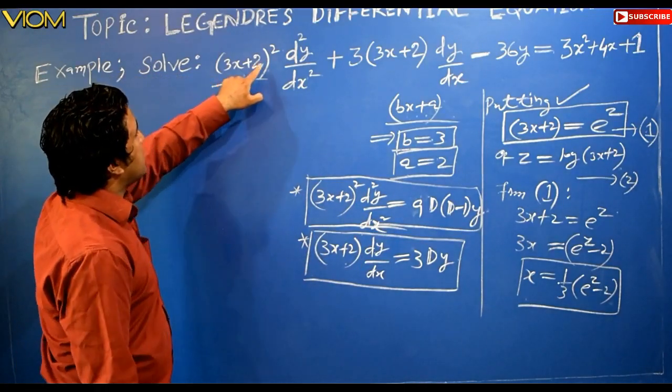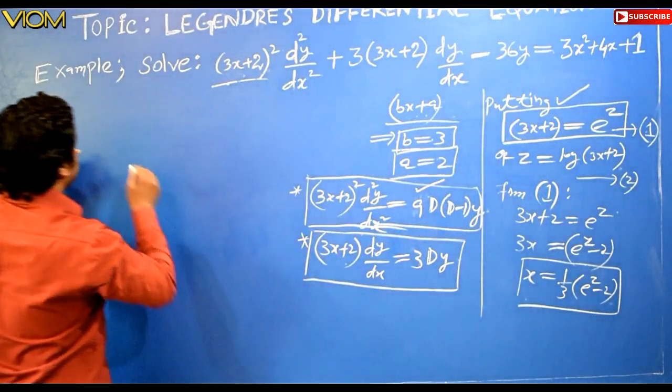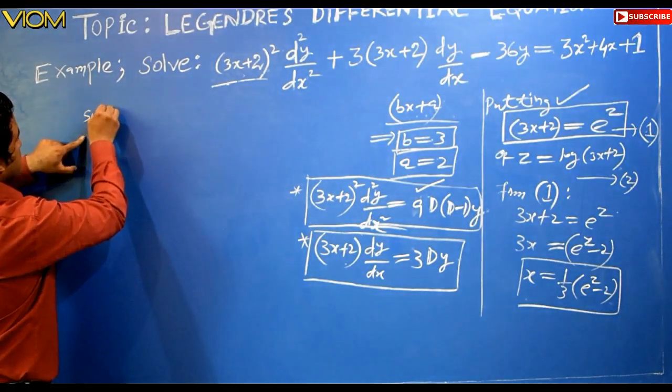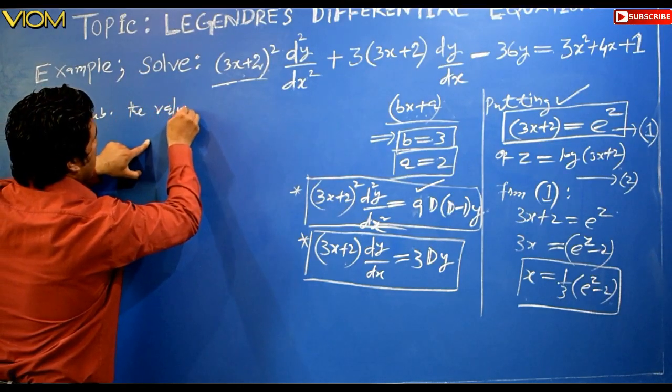Now I will substitute this. We can replace (3x plus 2) whole square d2y by d of x square by this one, 9 times. I can substitute the values.